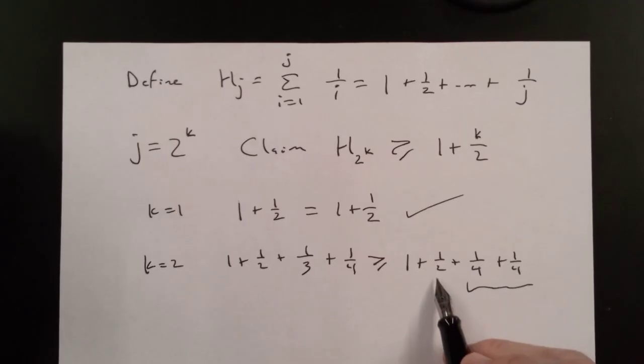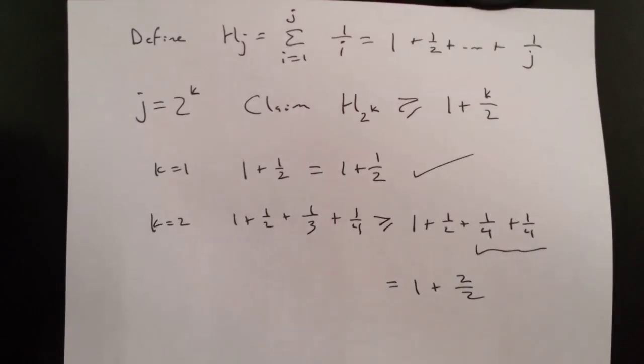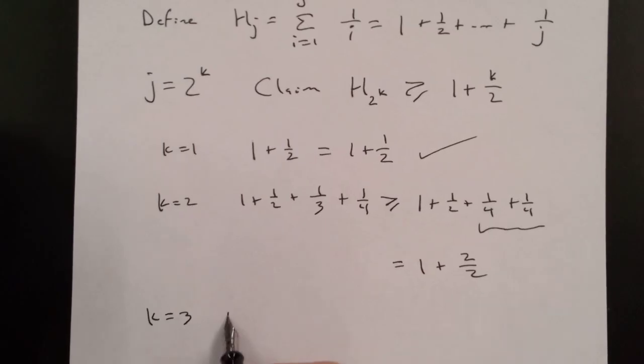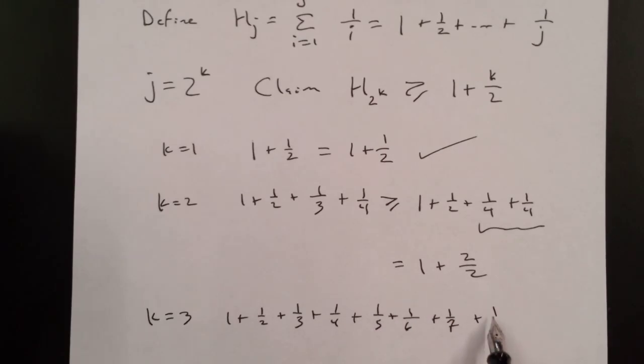And then I have another half here, don't I? So this is 1 plus 2/2. If K is 3, I'm doing 2 to the third. That's 8 numbers. 1 plus 1/2 plus 1/3 plus 1/4 plus 1/5 plus 1/6, 1/7, and 1/8.